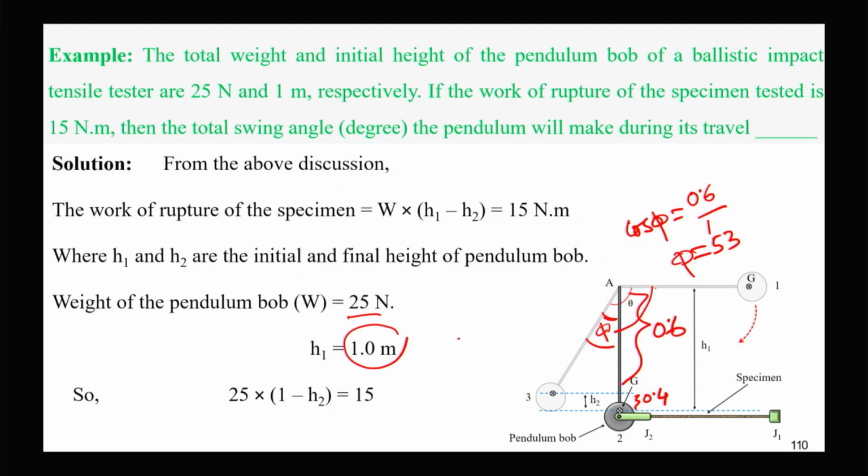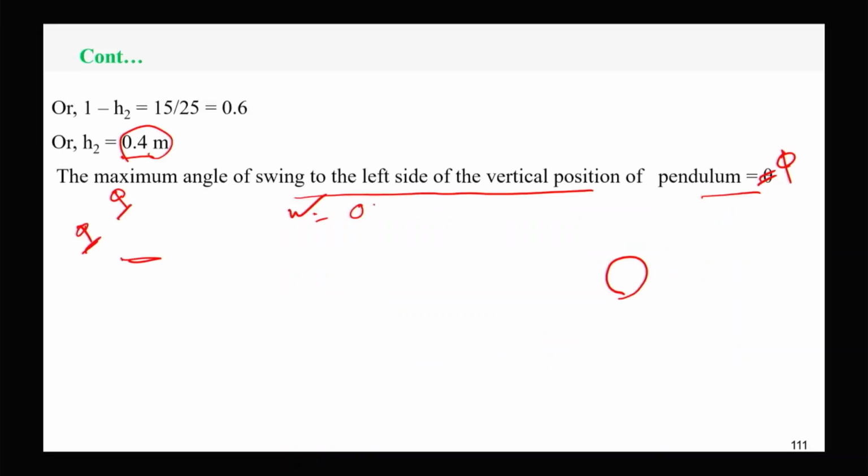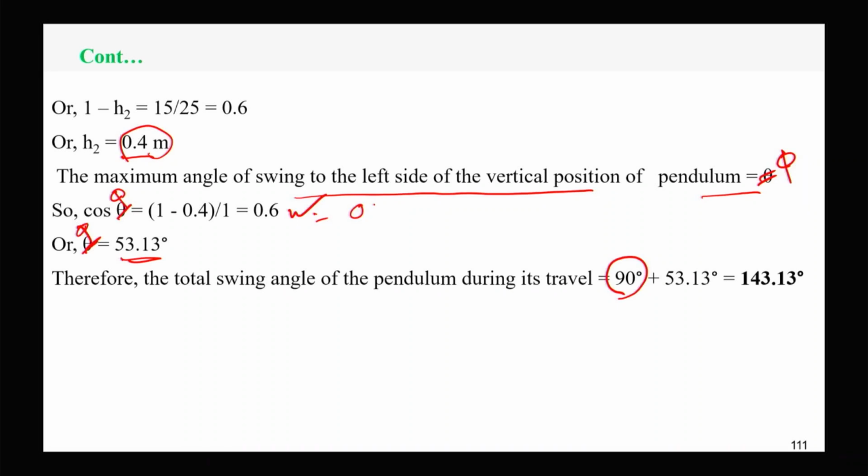So the total swing angle will be 143.13. So in this way we can calculate the total travel of the pendulum.